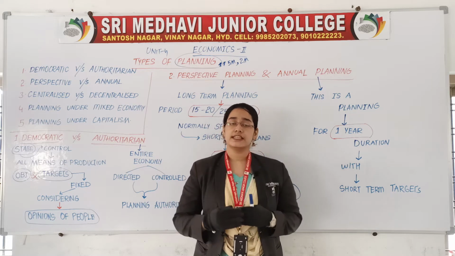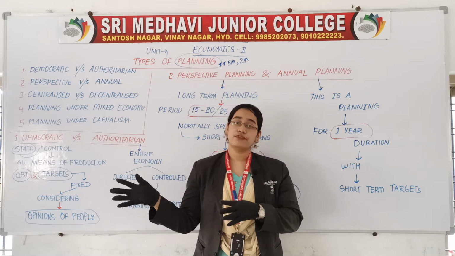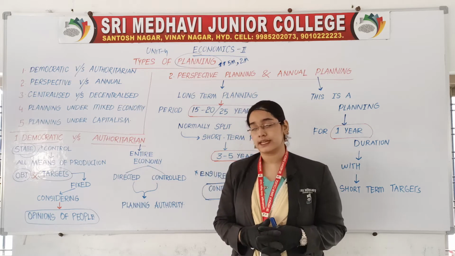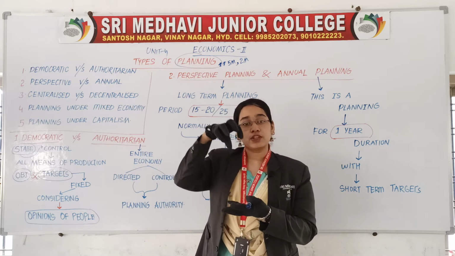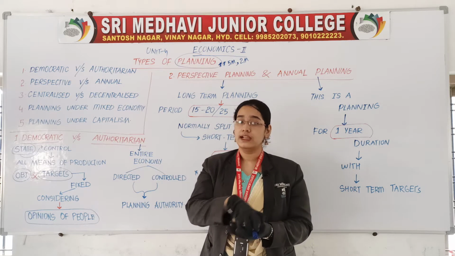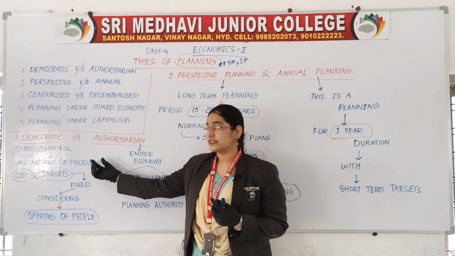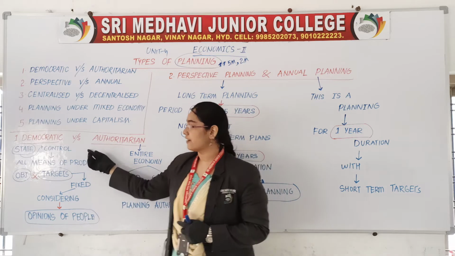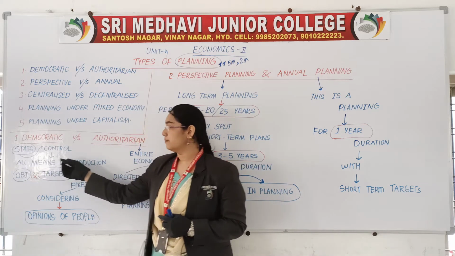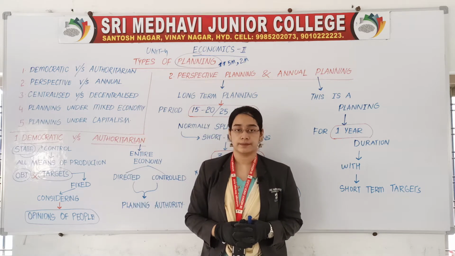There are various stages before the manufacturing of the final product. Am I right or not? So who is having the authority to control the production? The state. Alright? The state is having control on all means of production.